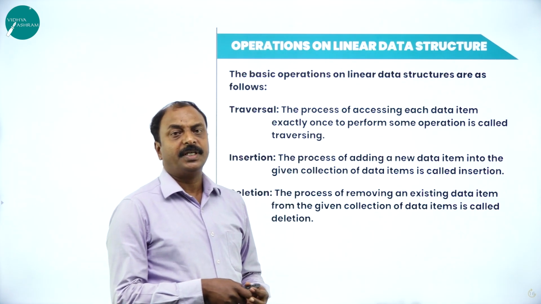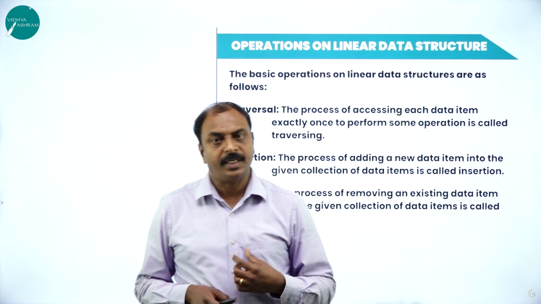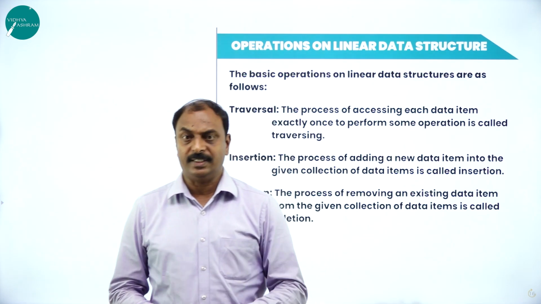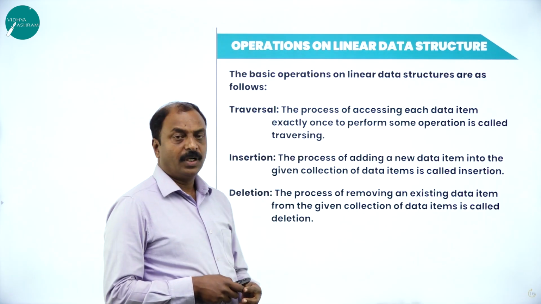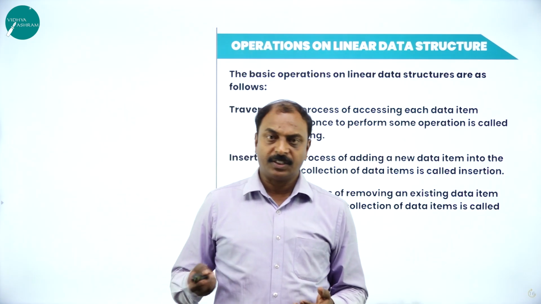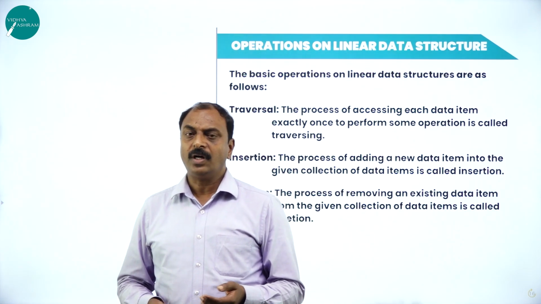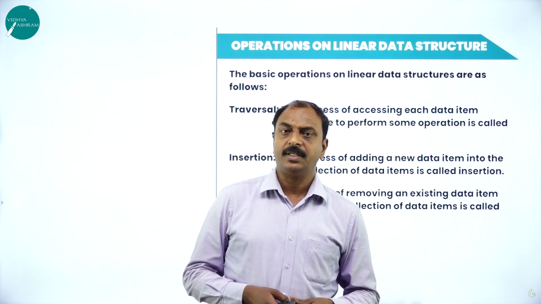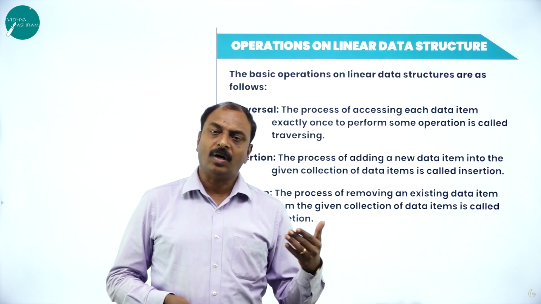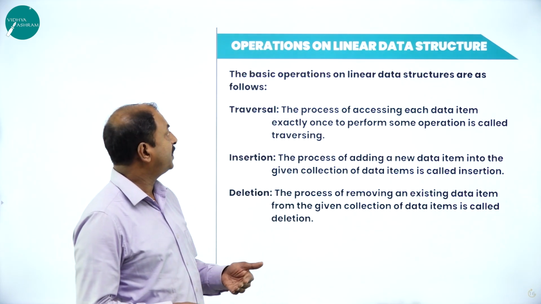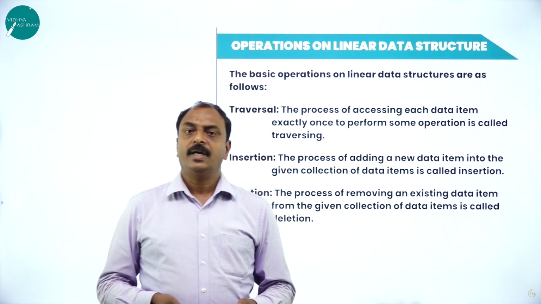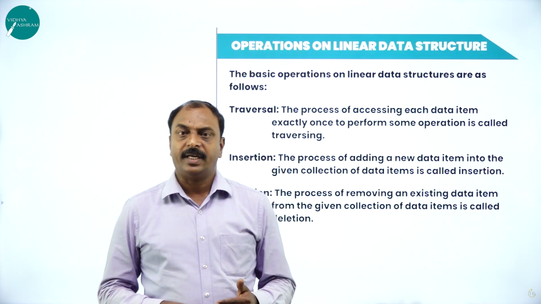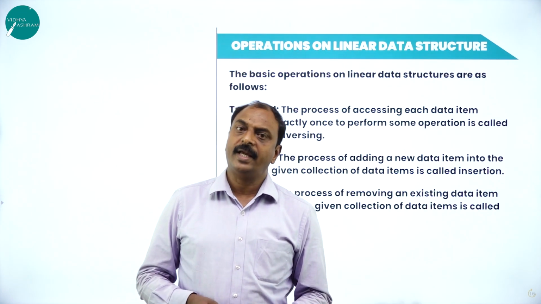Suppose in a data structure there are 10 data items, so all 10 data items must be accessed at least once. That is the meaning of traversal. So we can access the data structure for different operations like select operation, update operation, alter operation. Any operation can be performed after selecting a particular data element. So traversal is nothing but accessing each data item in a data structure at least once.